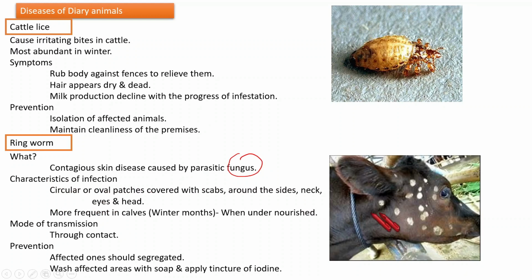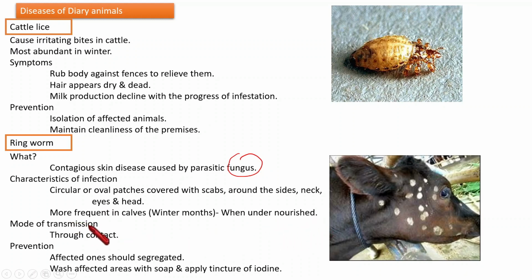Circular or oval patches covered with scabs. Scabs are hardened skin that forms over wounds. Such patches can be seen mainly around the sides of the neck, eyes, and head. It is more frequent in calves during winter seasons when the calves are undernourished.